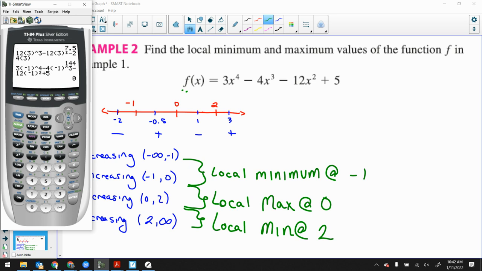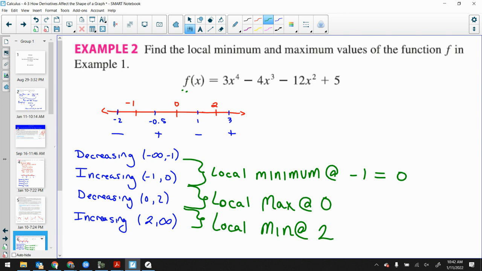This is happening at -1 comma 0. This is a local minimum at -1, and it is 0. So basically, there's a bottoming out point at -1 comma 0. There's a local maximum at 0 comma 5. If I plug in zeros here, that just gets me a 5.